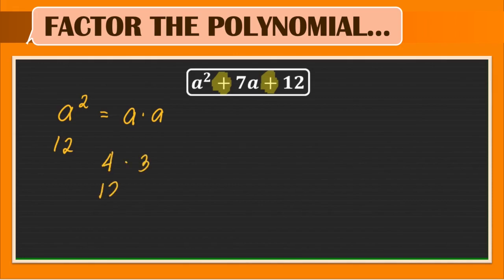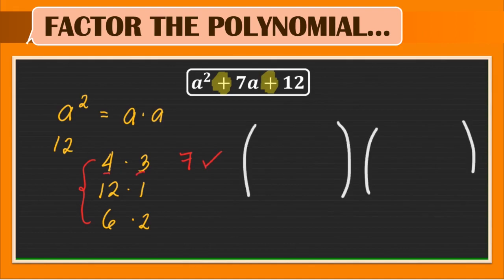We can have 12 times 1. We can have 6 times 2. And determine which of these pairs sums up to 7. 4 plus 3 is 7. Therefore, we are using 4 and 3. So the factored form is the quantity of A plus 4 times the quantity of A plus 3.